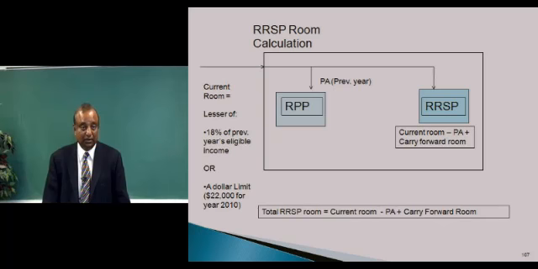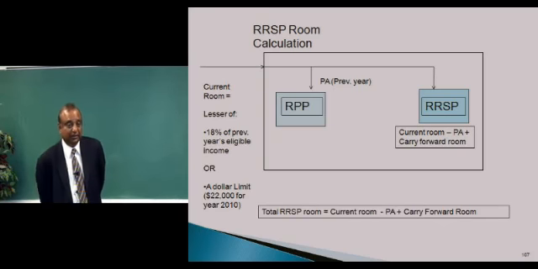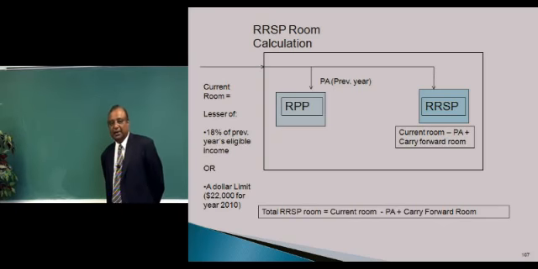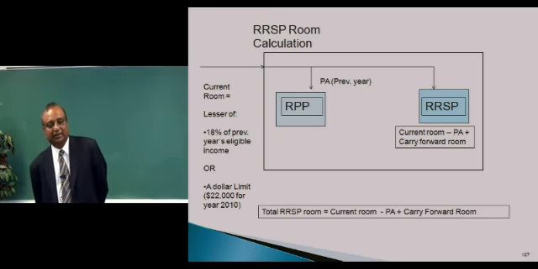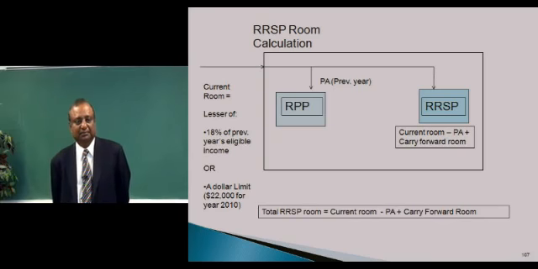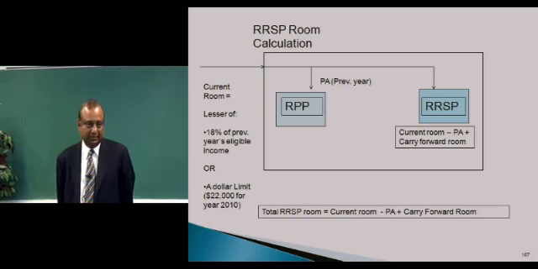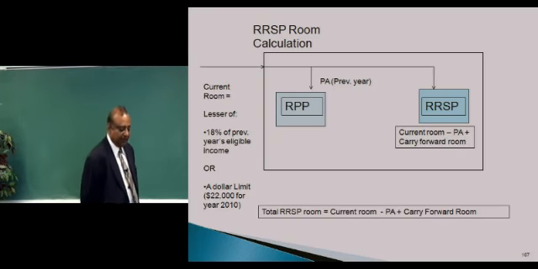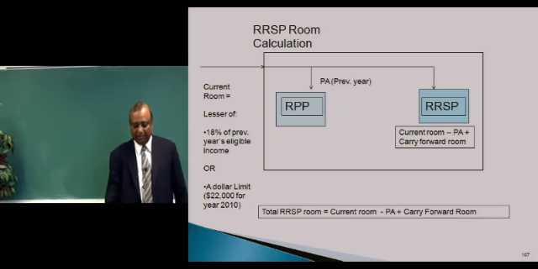Now, the retirement registered accounts essentially consist of the registered pension plan, the RPP, and the registered retirement savings plan, the RRSP. A person may have a pension plan, may not have. All the government is saying is everybody is equal, whether you have a pension plan or not.